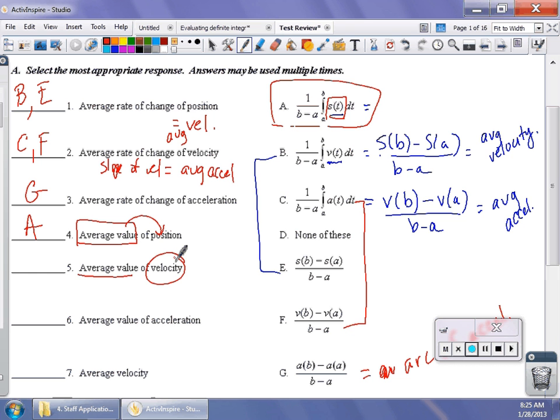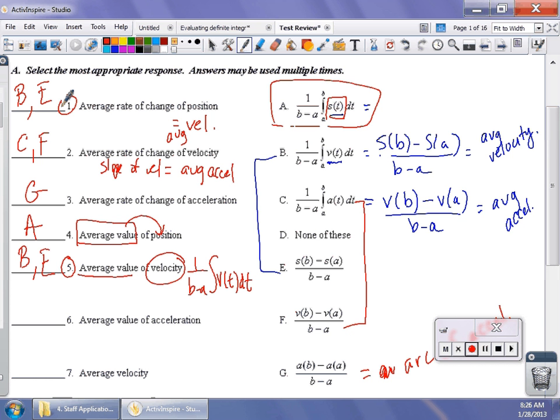So that's telling me to do 1 over b minus a of v of t dt. And that's the same thing as average velocity. So that's equal to B and E. So these two are the same.